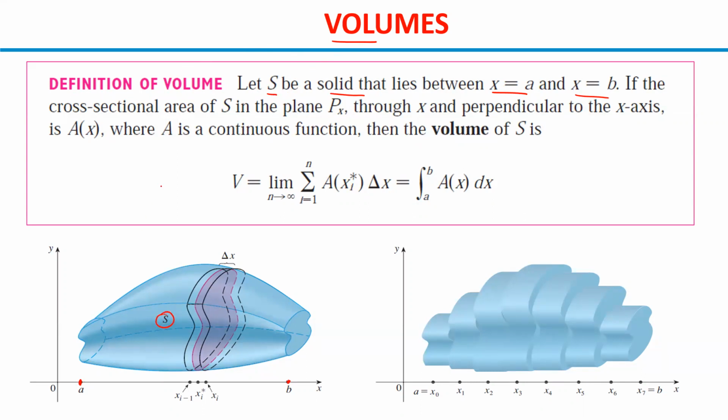If the cross-sectional area of S in the plane is P of X, you can see it here, we have the cross-sectional area. If we cut by a certain plane, we will have a certain cross-sectional area. So this could be the cross-sectional area, A of X, or we can say it's P of X, just to align with this.